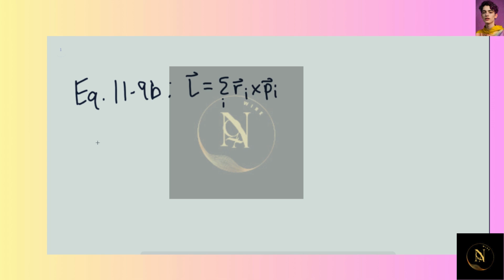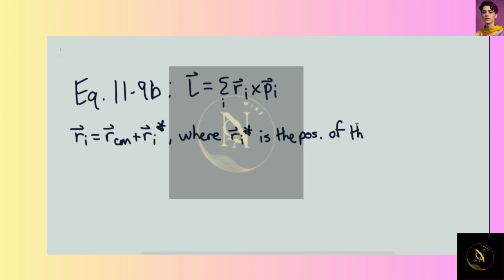So we can say that here, r sub I will be equal to r sub cm plus r sub I star, where this would be the position of the ith particle, essentially, so the first or second or third, and so on, with respect to the center of mass.